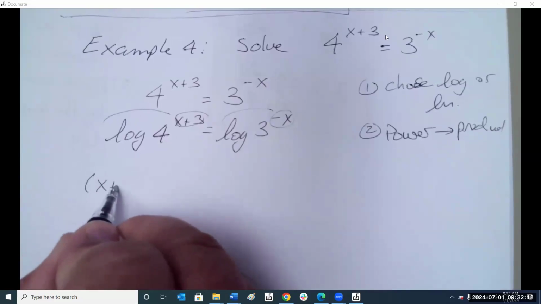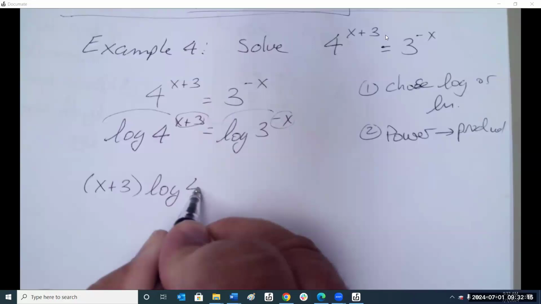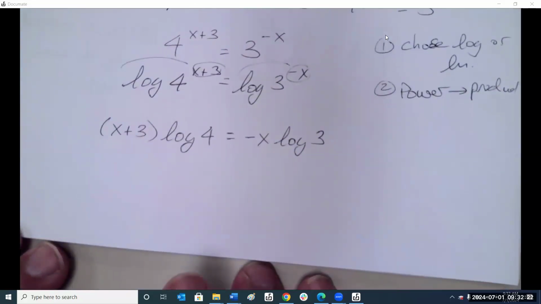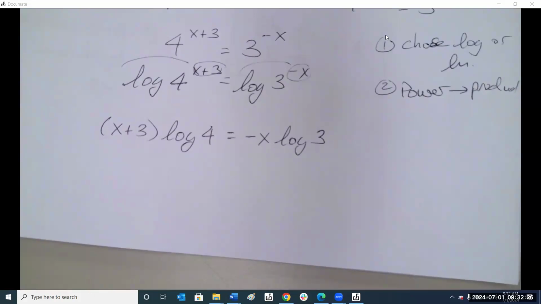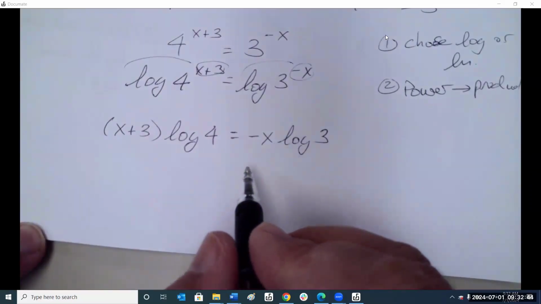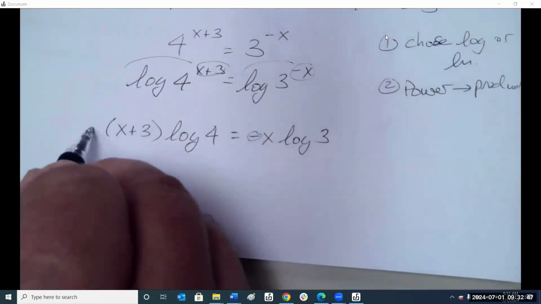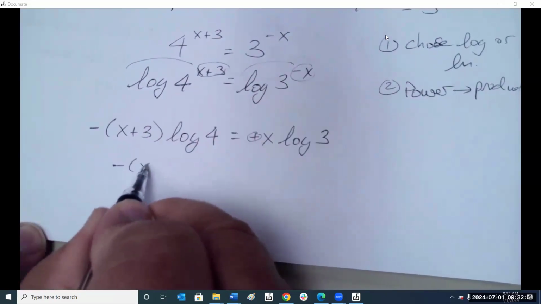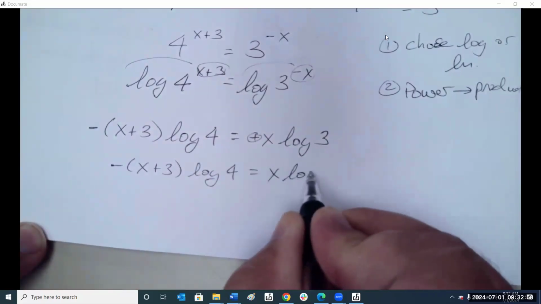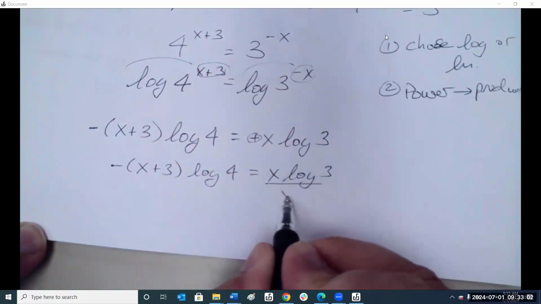So we have x plus 3 times log of 4 equals negative x log of 3.